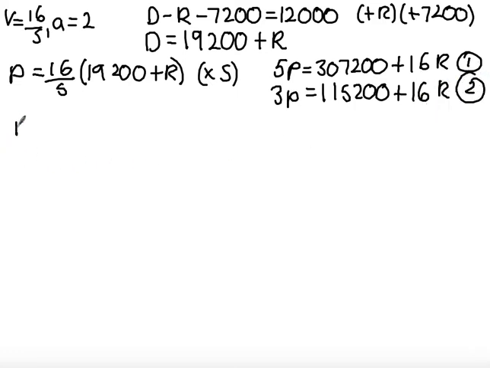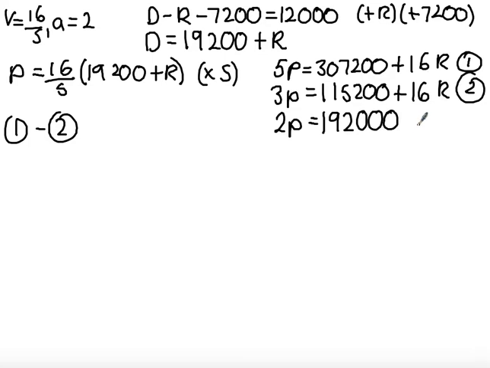What I'm going to just say then is equation 1 minus equation 2 will give me 2P is equal to 192,000. And so I can divide this by 2 to get that P equals 96,000.